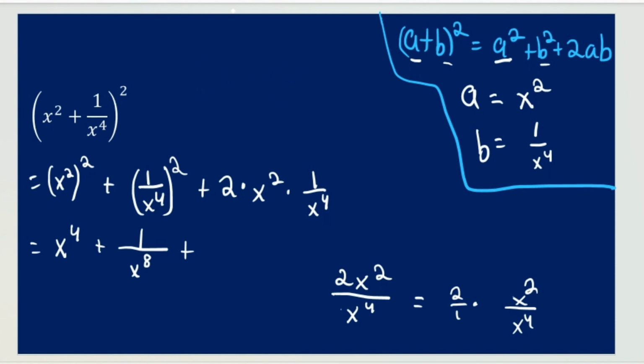So here, we're going to change this to 1 over x to the exponent of 2. Now, just multiply, so we would be getting 2 over x to the exponent of 2.